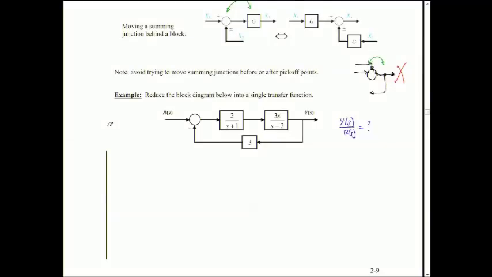It might help to label these things as some variable functions like g1, g2, and this one h, and then do the algebra with those variables rather than with the transfer functions, because it gets a bit messy when you have rational functions flying around everywhere.